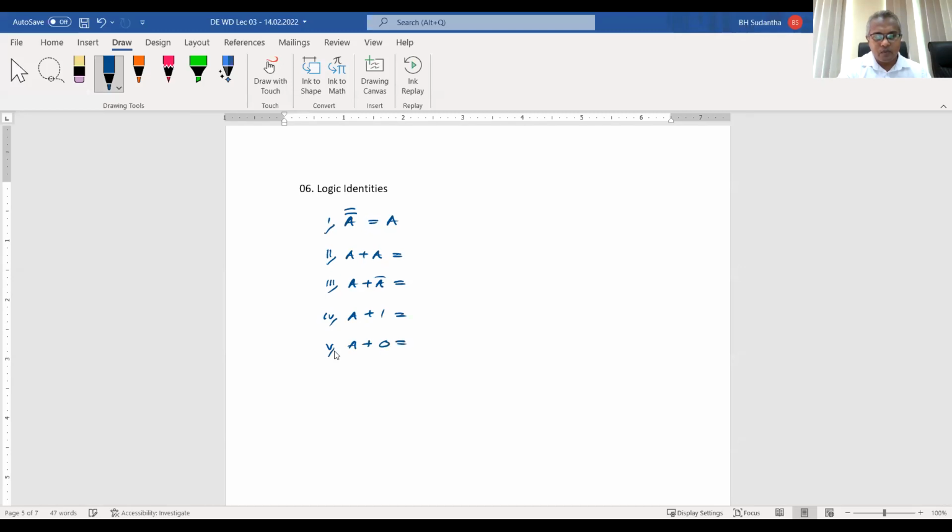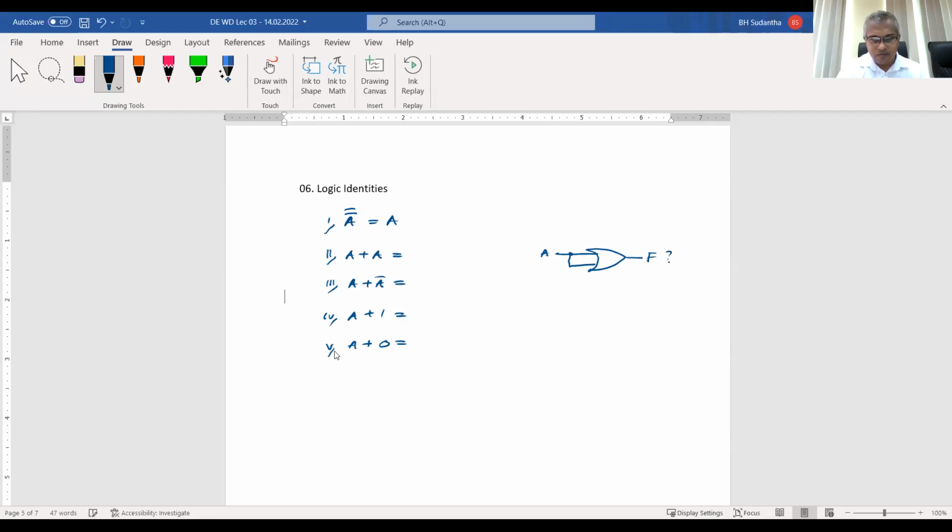A plus 0. What is the meaning of this? A plus A means you are sending A here, and the other terminal also. You have these two terminals common, and you are sending A. Both terminals are receiving A.